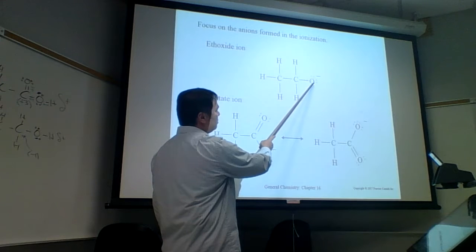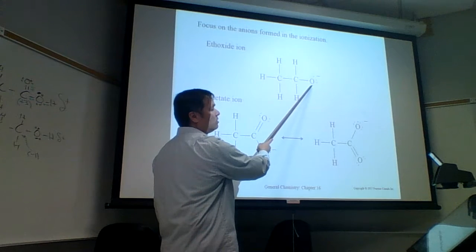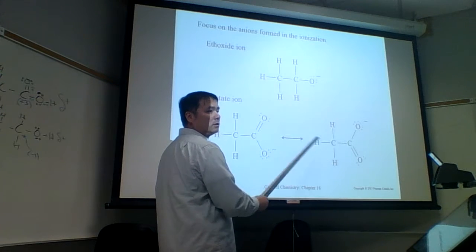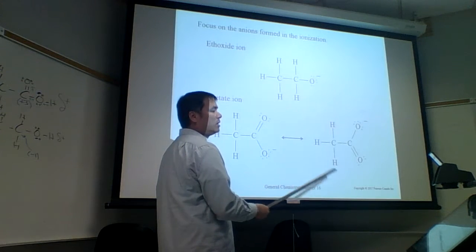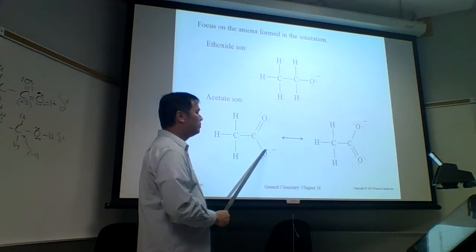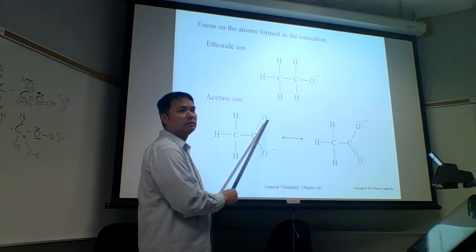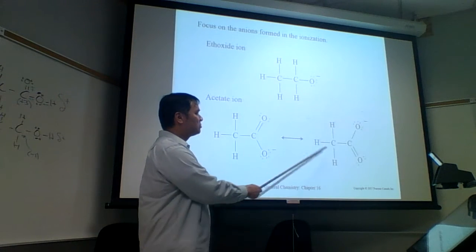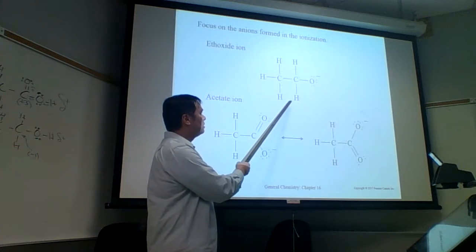Is it localized or delocalized in ethoxide? It's localized. Over here, we see it's delocalized. In fact, the negative charge on each oxygen would be minus 1/2, which lowers the charge tremendously. And so what that means is this is a much more stable product than this.